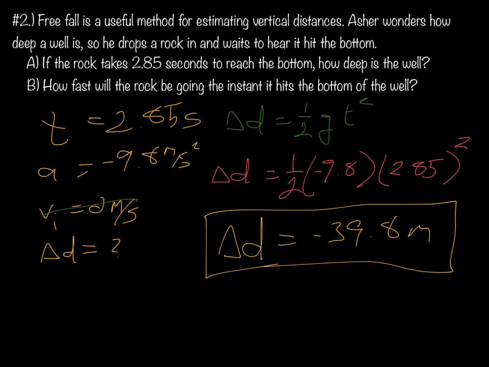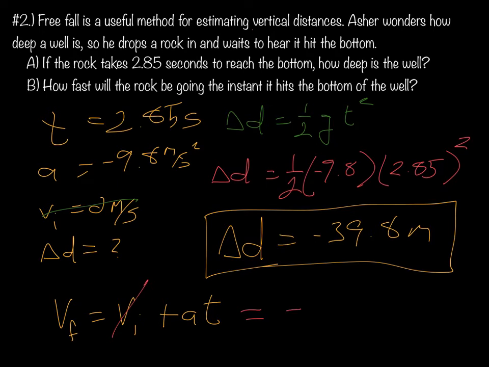I could use the one with the v's that are squared, but that's really complicated whenever I know that my final velocity is what I'm looking for, and my initial velocity plus a t. Well, my initial velocity is 0, and I know that a is negative 9.8, and t is 2.85.